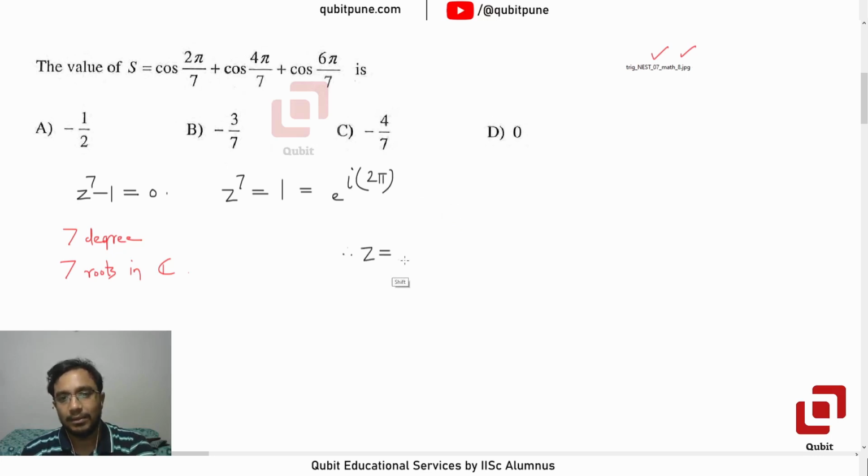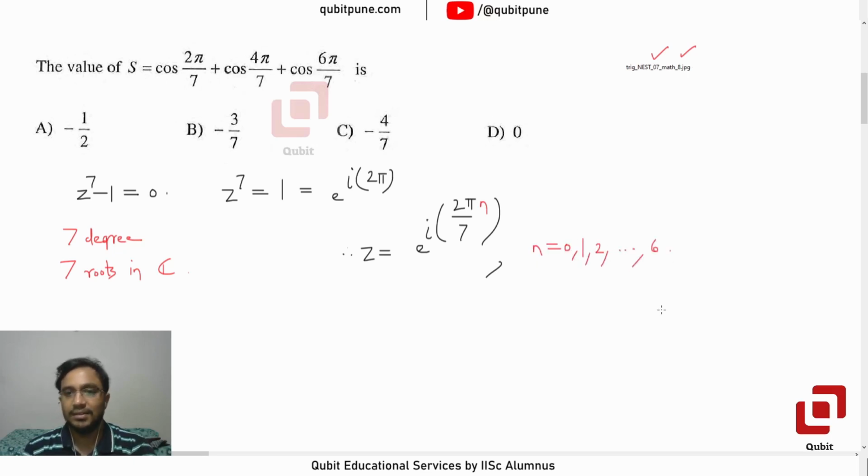Therefore z will be equal to e^(i2π n/7), where n can be 0, 1, 2 until 6, because of the periodicity of trigonometric functions after 2π.